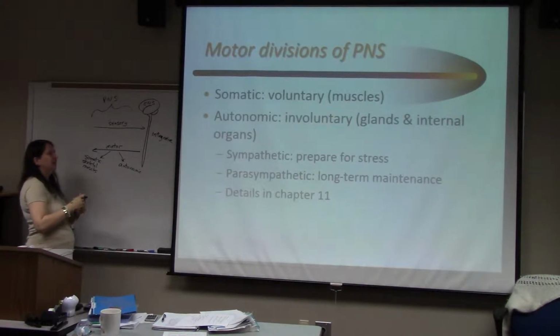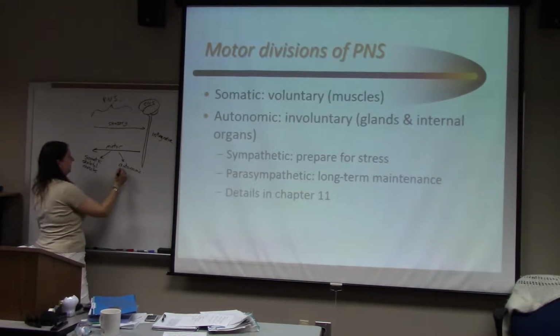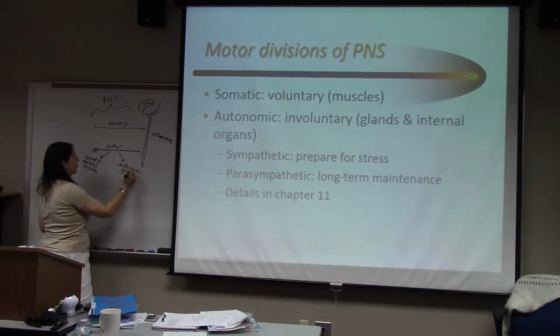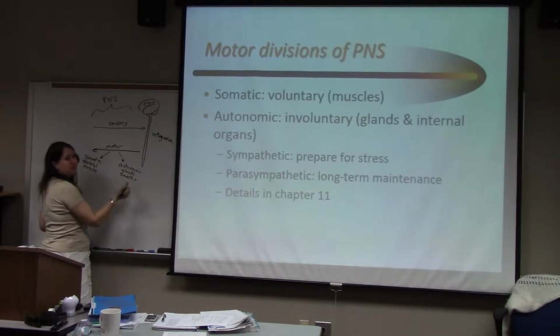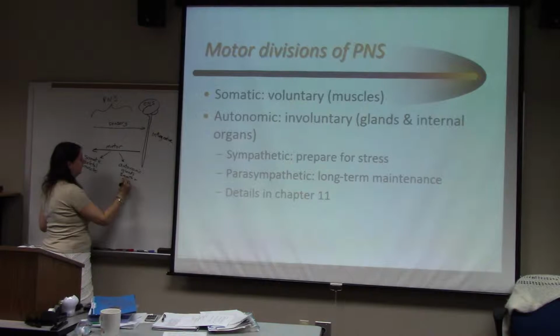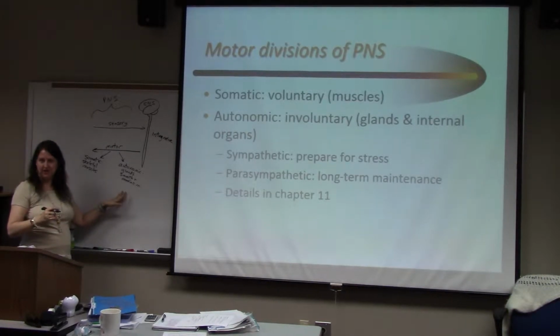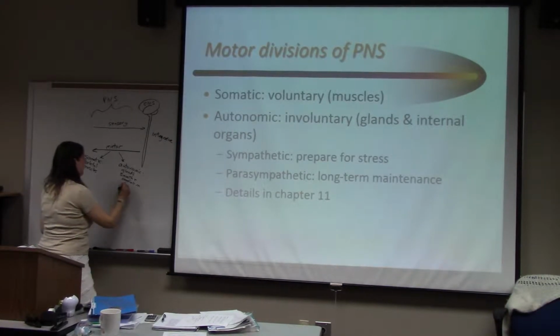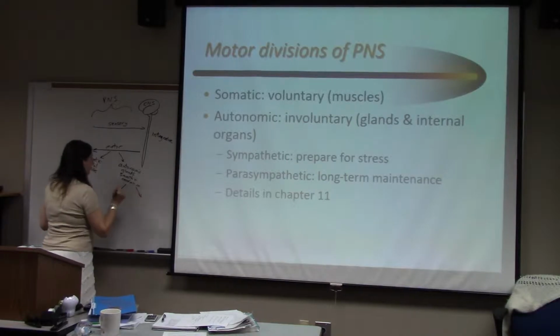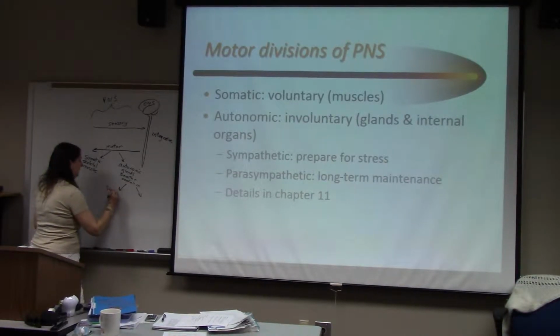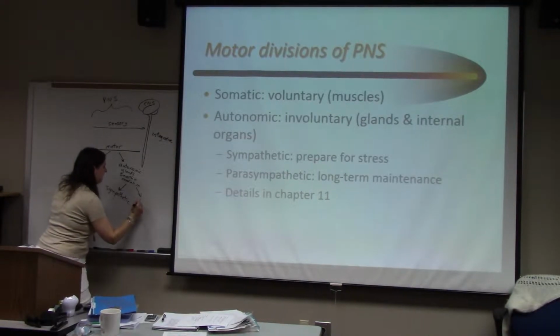Autonomic controls glands and smooth and cardiac muscle. And then within autonomic, we have two more subdivisions: sympathetic and parasympathetic.